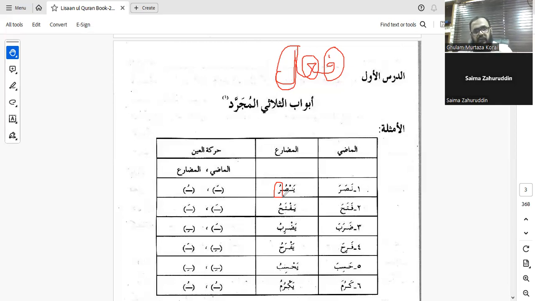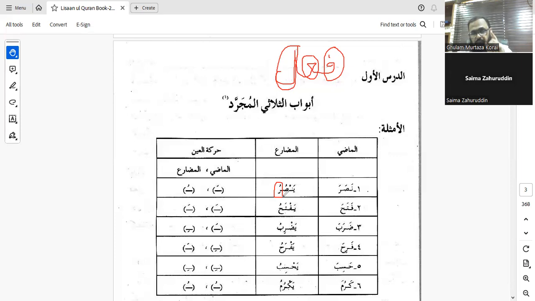Five sigas take a zamma at the end of the kalima, right? So this zamma definitely represents muzare. The arab of muzare does not represent the arab of abwab thulathi mujarrad, right?